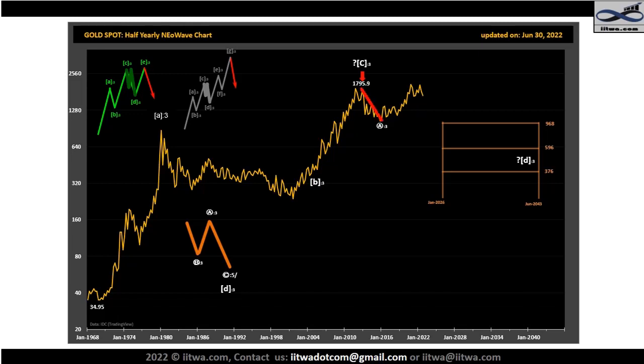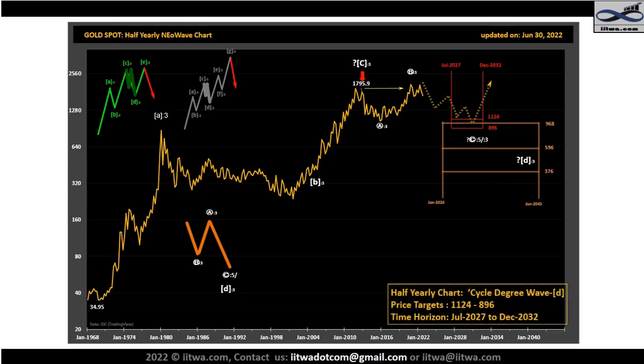After that, the next primary degree wave B progressed upward but in an irregular way, exceeding the beginning point of primary degree wave A. But this irregular behavior cannot guarantee failure of the next primary degree wave C. This means primary degree wave C needs to enter the price area of 1124 to 896 and time-wise can terminate between July 2027 to December 2032. Next, a same degree or larger degree wave will open upward, depending on what pattern forms in this wave C.